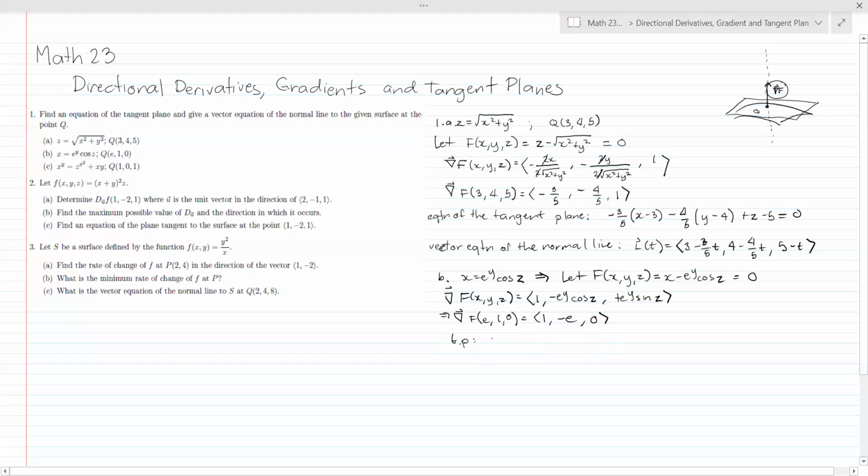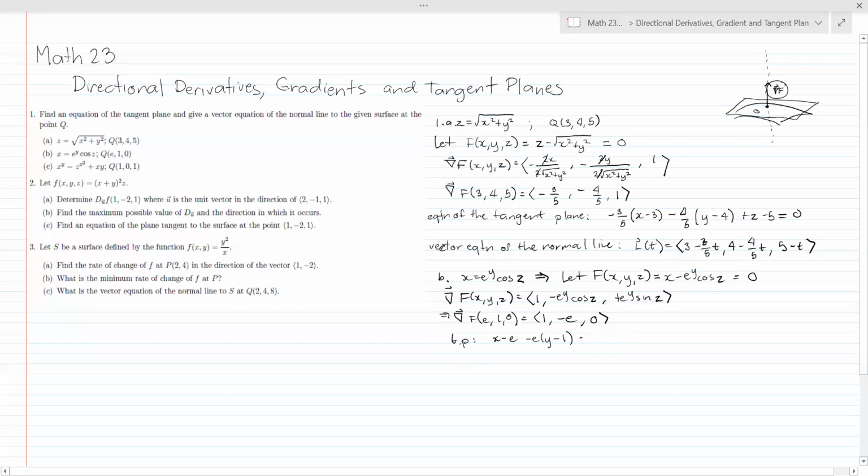For the tangent plane, we have 1 times x minus e, tapos minus e times y minus 1 plus 0 times z.